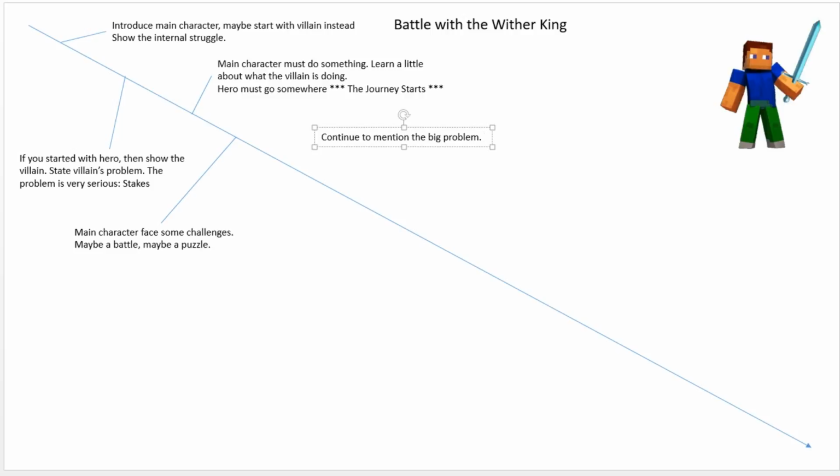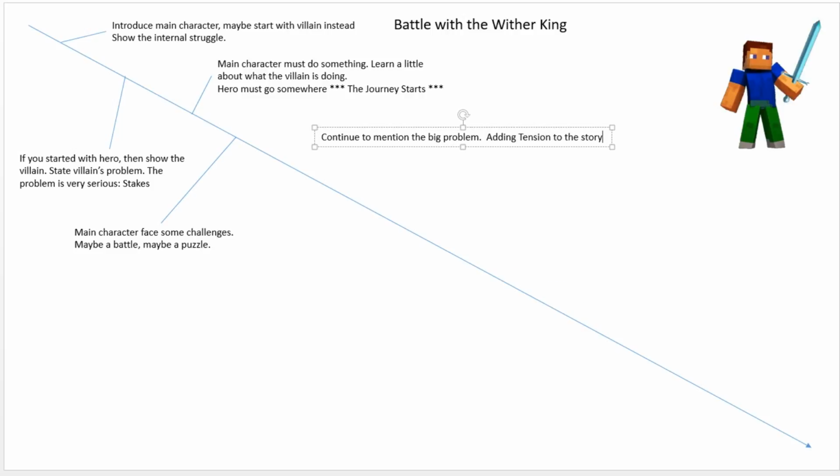We need to reinforce to the reader, in my story, Battle with the Wither King, Watcher's going because he's afraid that the Wither King is going to come back and destroy the village. So I keep mentioning that he's afraid that it's going to happen, and nobody believes him, and he has to do something. And when you continue to mention the problem and the fear, what you're doing is you're adding tension.